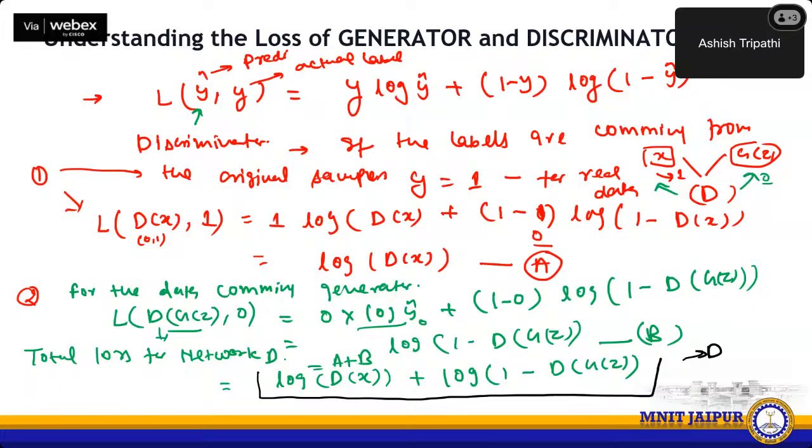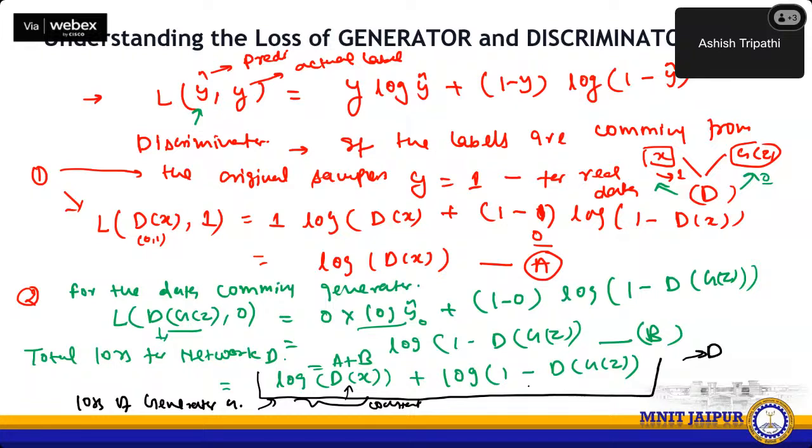Okay, thank you. So this is the loss for the discriminator network. Now if I talk about the loss from the generator, what will be the loss of generator G? For the generator loss, this component will be constant, because D of x is totally dependent on the discriminator.